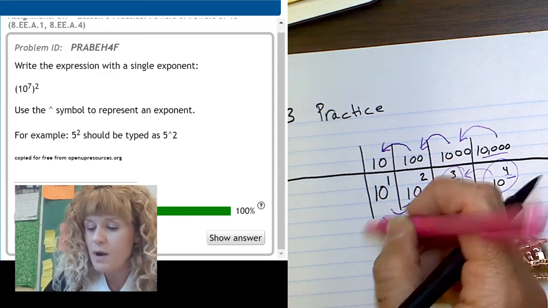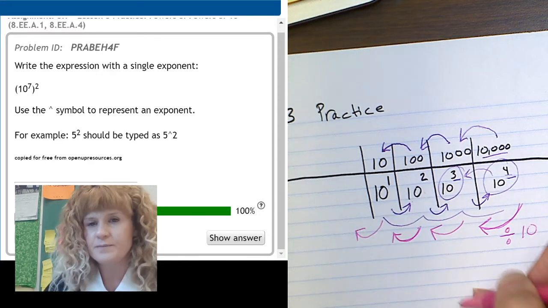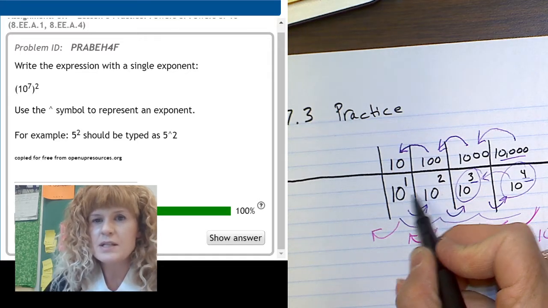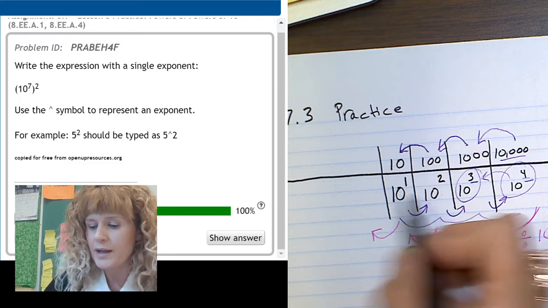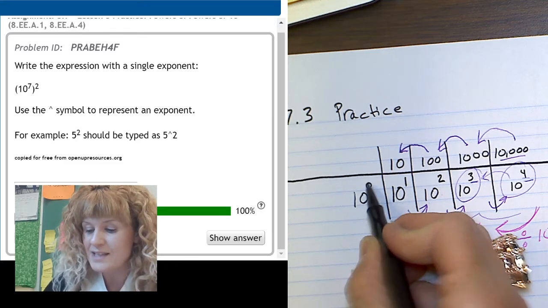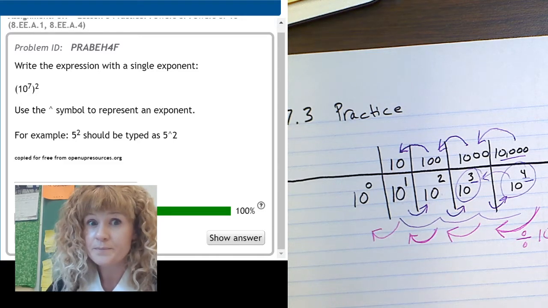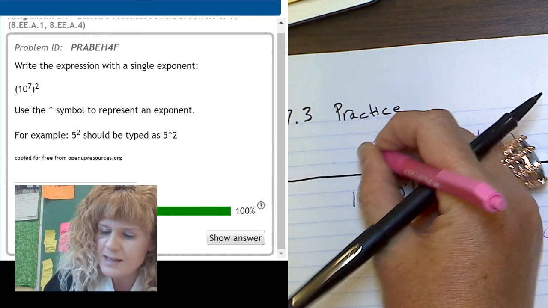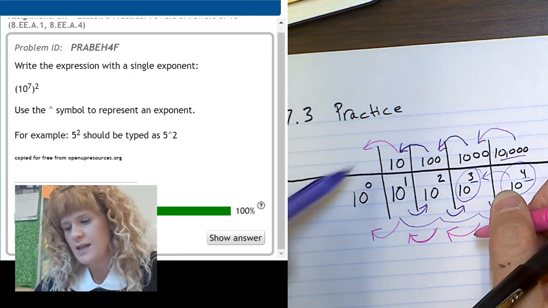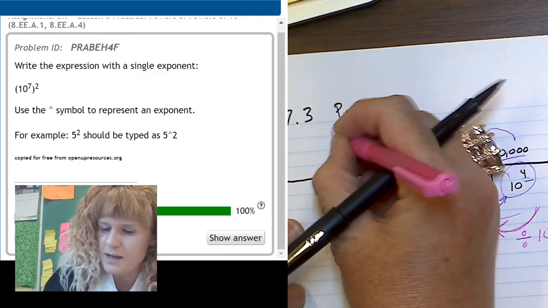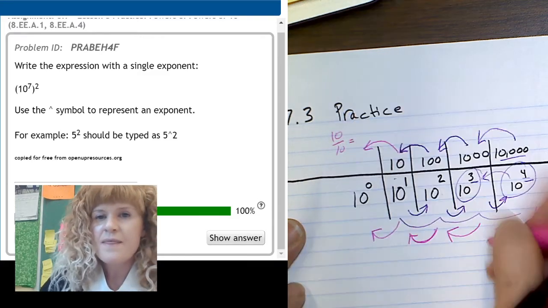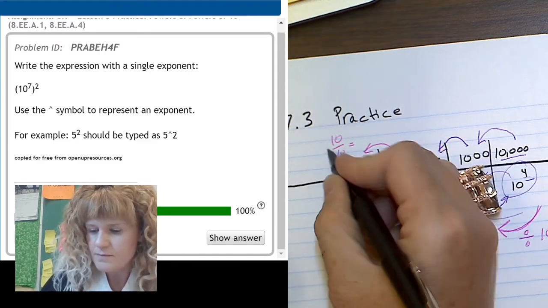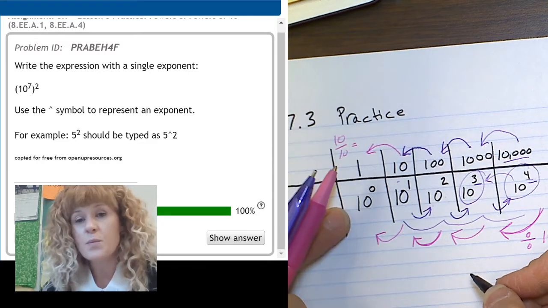What if we keep going with this pattern? The value of the exponent decreases by 1. So then what is 10 to the 0th power? It is equal to, take 10 and divide by 10. 10 divided by 10, I'll write it right here. 10 divided by 10 equals 1.